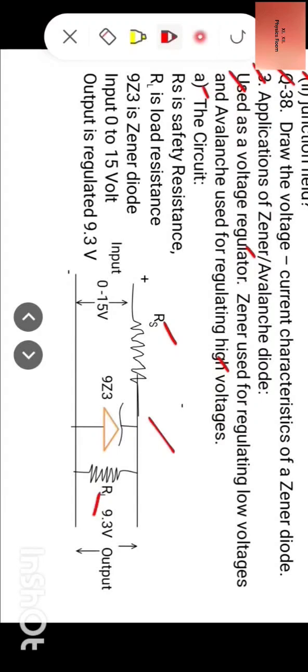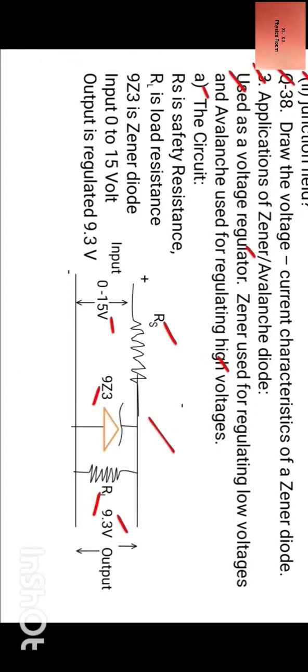RL is load resistance. 9Z3 is Zener diode whose breakdown voltage is 9.3 volts. Input is 0 to 15 volts. Output is regulated 9.3 volts. So this is the circuit of Zener. If you want to use avalanche as a regulator, then replace Zener by avalanche.